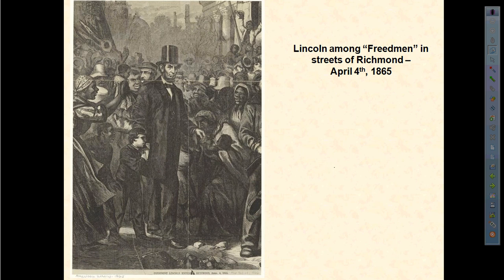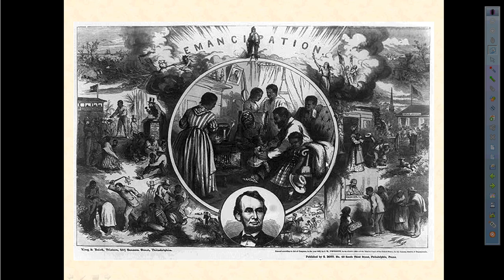That started a more direct approach to Reconstruction, although there were some efforts being made towards rebuilding the nation even before the war was over. And here you see President Lincoln visiting the freedmen, the African Americans who were no longer slaves, technically, when he visited Richmond after Richmond fell to the Union troops.